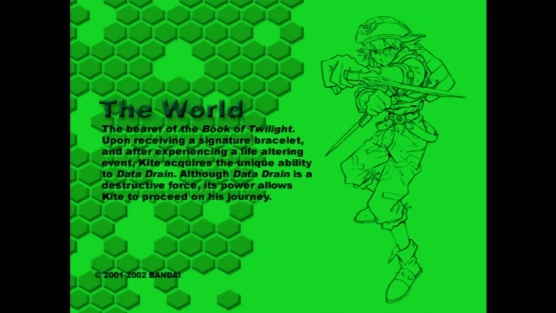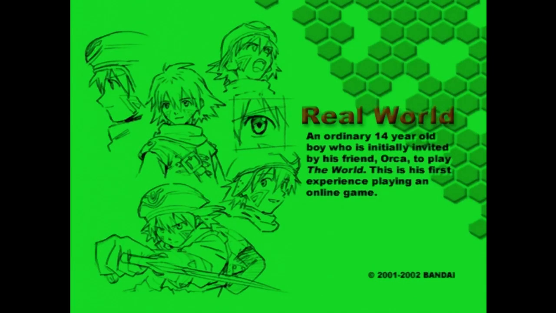Although data drain is a destructive force, its power allows Kite to proceed on his journey. Real world. So we get a sense of some of the main characters, who they are in the confines of the world, and who they are IRL. So IRL, this is who we're playing as, an ordinary 14-year-old boy who was initially invited by his friend Orca to play the world. This is his first experience playing an online game.